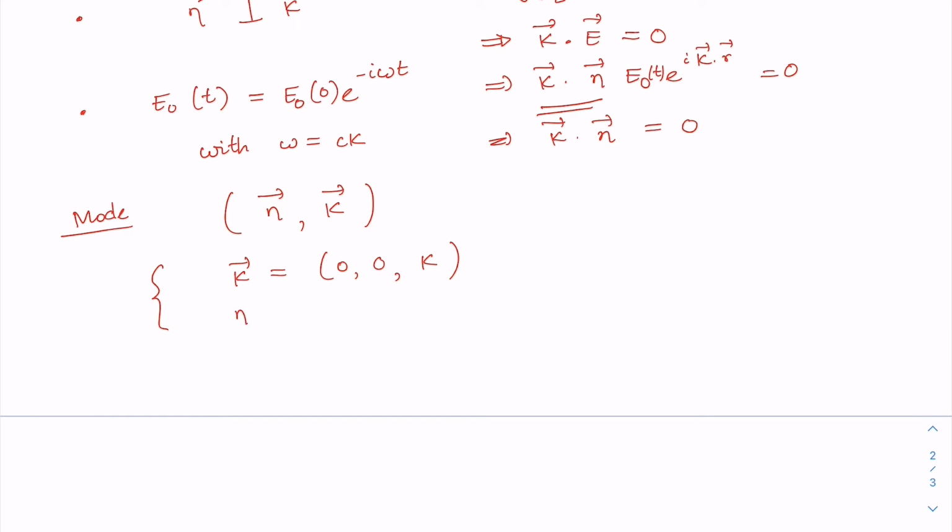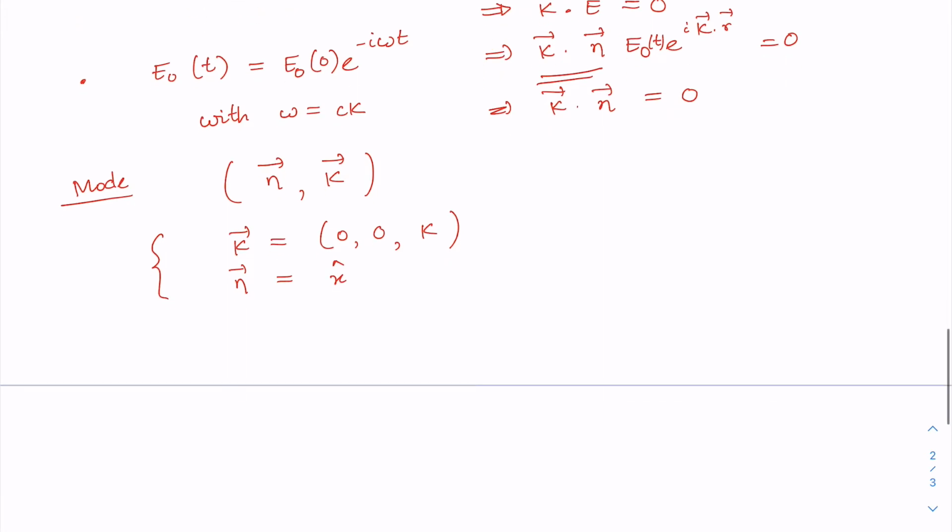Then the polarization vector should have an x component or it should have a y component. So this defines one particular mode. And if the polarization vector is, say, along y cap but the k remains the same, that is going to be a different mode.